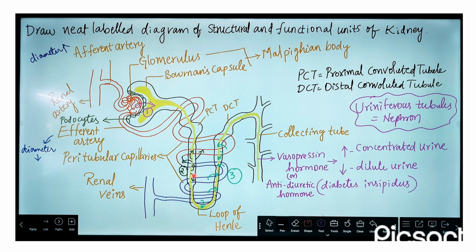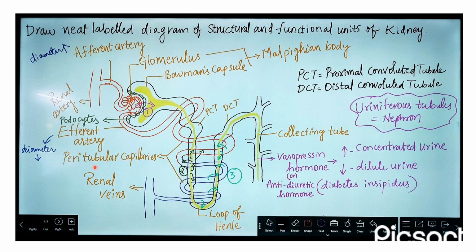So in the second stage of urine formation, a few things are going out from the PCT. This step is called tubular reabsorption.